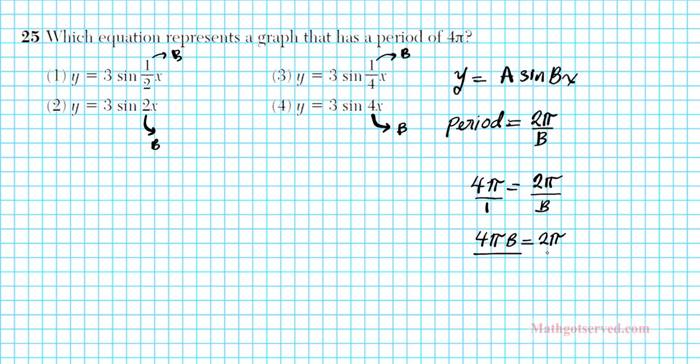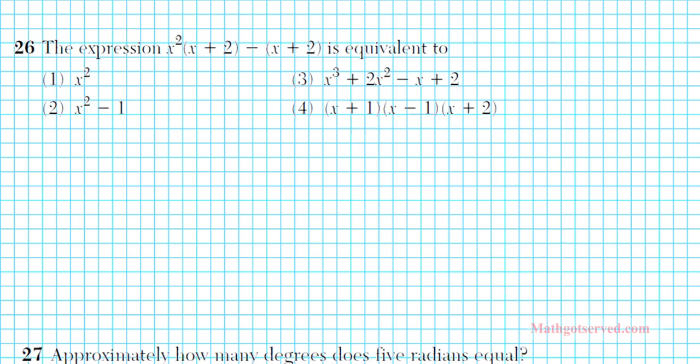Divide both sides by 4 pi. 4 pi here, 4 pi there, cancel, cancel. b is equal to 1 over 2, because pi goes here 1, pi goes here 1, 2 goes here 1, and 2 goes here 2. So b is equal to 1/2. So we can clearly see that our answer is option number 1.